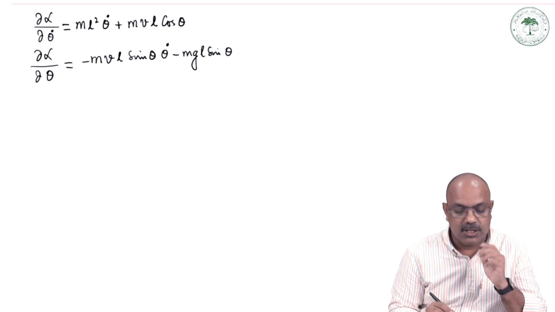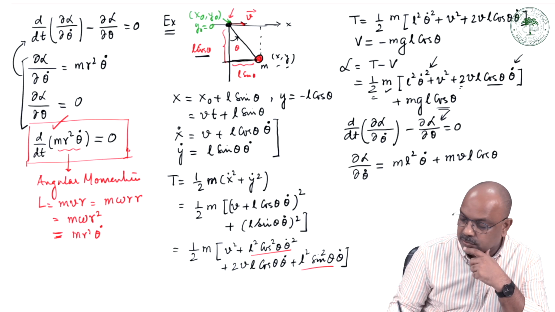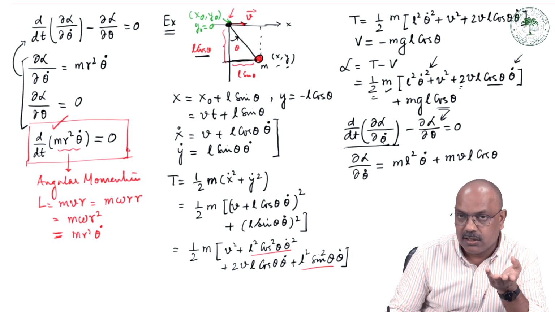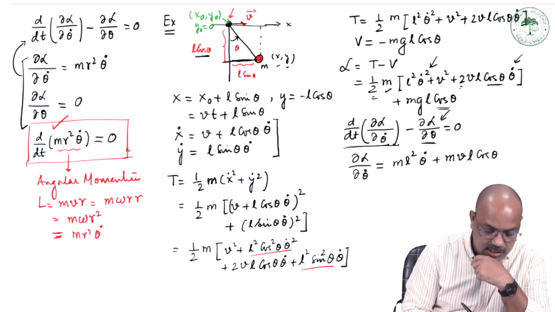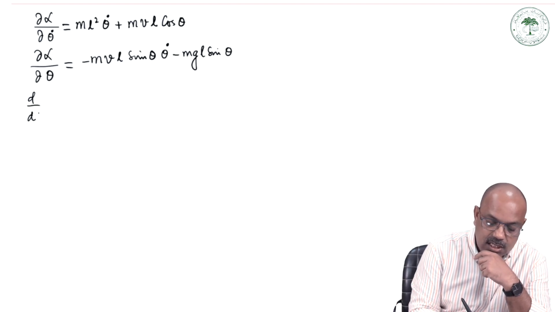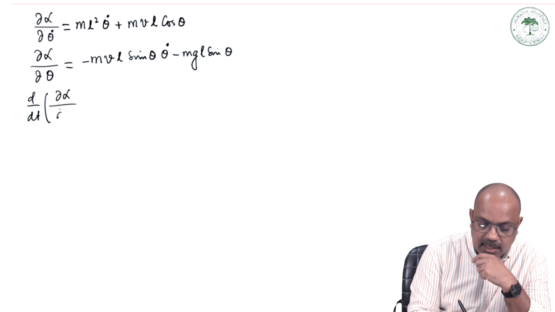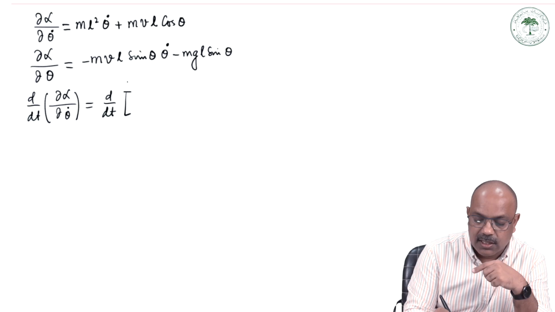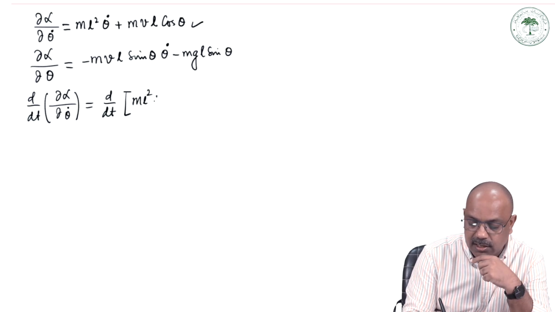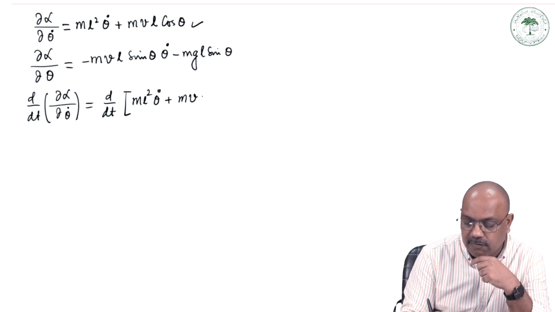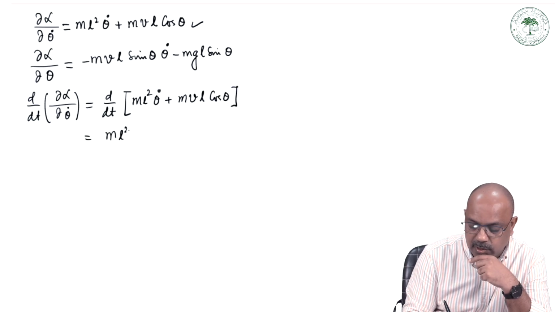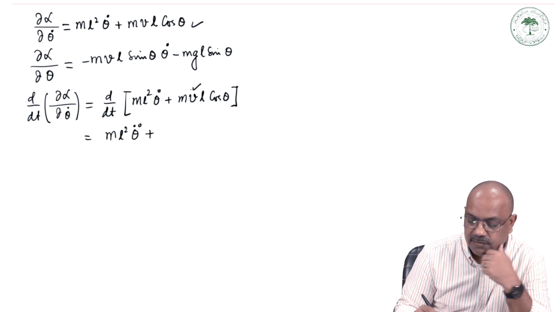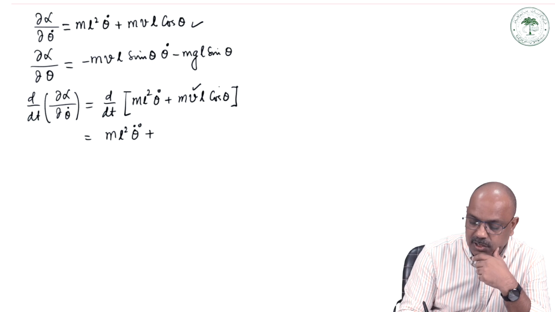So now once I have these two equations, I can write the Lagrange equation, taking the time derivative of ∂L/∂θ̇ and then subtracting this. So I have to get d/dt of ∂L/∂θ̇. So d/dt of this one, ml² θ̇ plus mvl cos θ, I'm going to get ml² θ̈ plus, because v is constant, it is moving with constant velocity, it's not going to be affected by time, so only cos θ will be here.